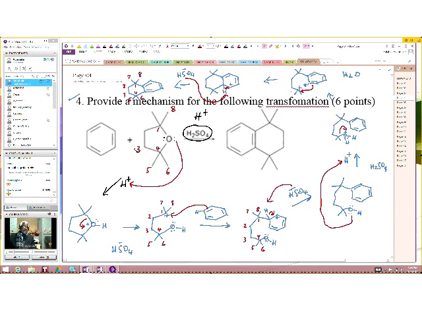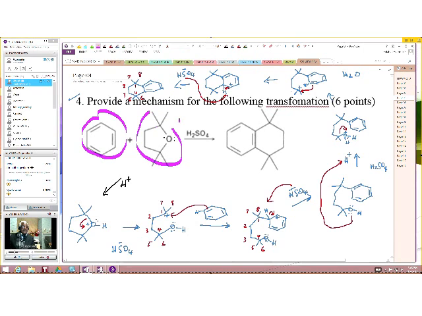In this particular instance, what we've given you here is the mechanism of how we go from here, reacting with this in the presence of sulfuric acid, to obtain this here.